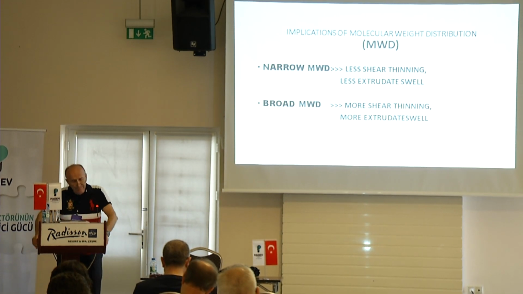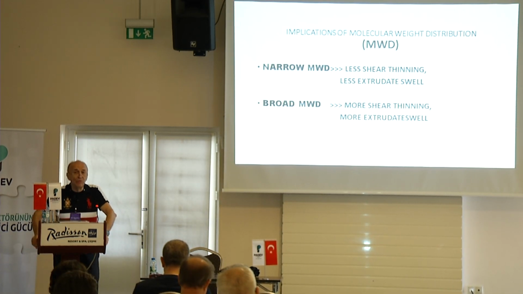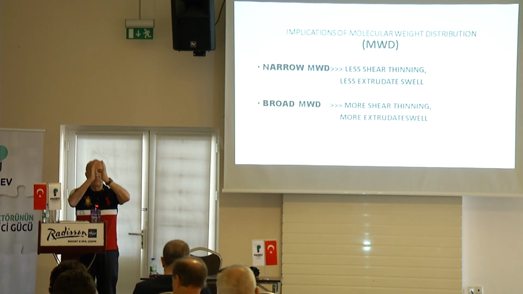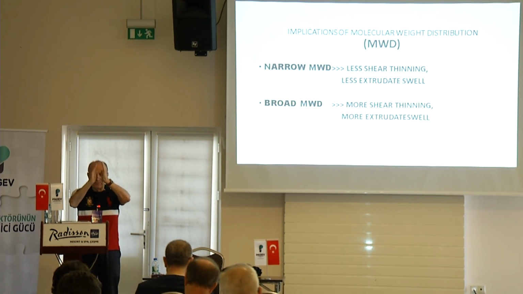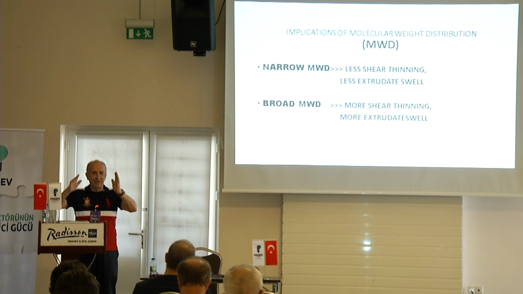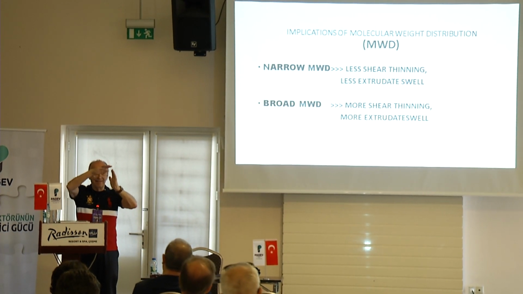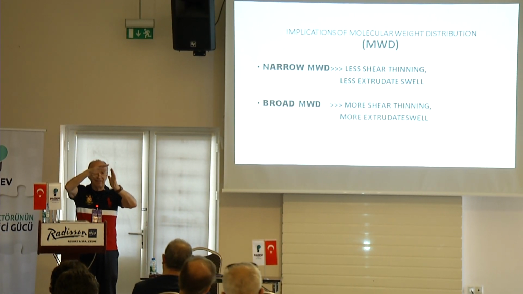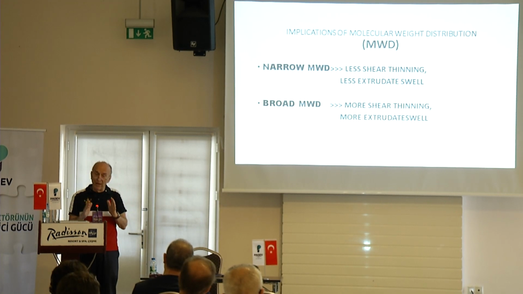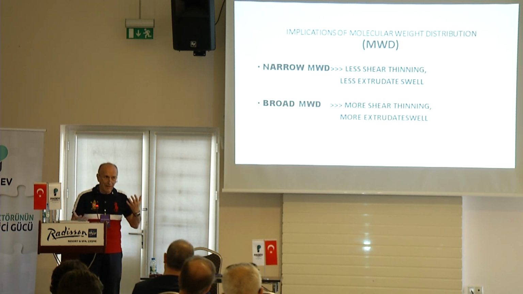And I say, first example, narrow molecular weight distribution. It's not very shear thinning. The viscosity does not change very much with the shear rate. If it's broad molecular weight distribution, we have a lot of shear thinning, so they're different polymers.